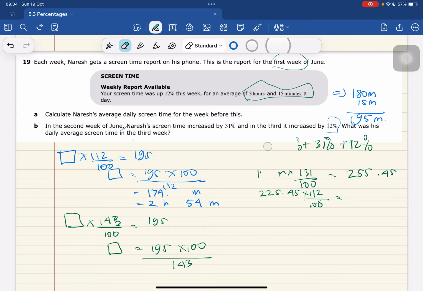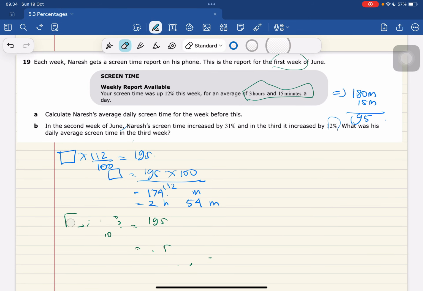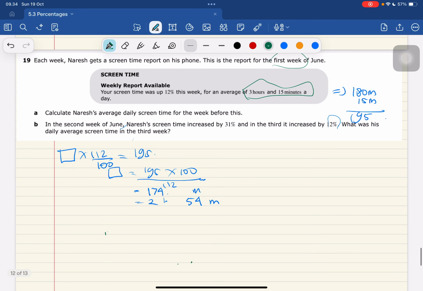Okay, from 155 we can make it from here. So from the first week, 155 times 143 over 100, isn't it?